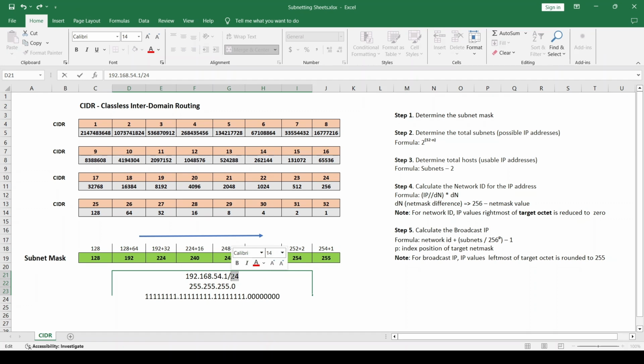So if this were to be a /16, for example, then this here will also be 0, because now we are only reserving the first 16 bits for the network. So by the time you convert this to decimal, you have 255. You convert the next 8 bits, which is filled with ones, to decimal, you have 255.